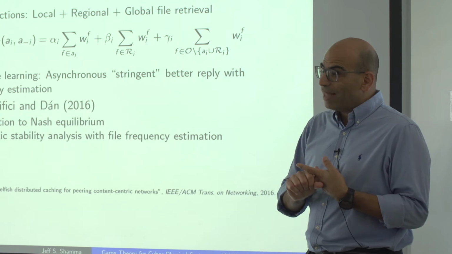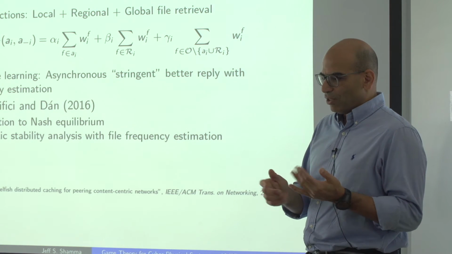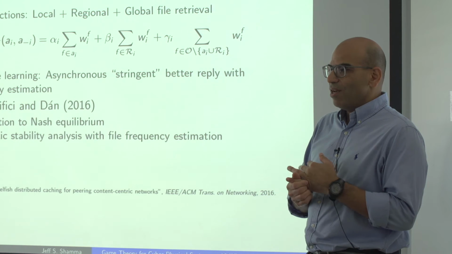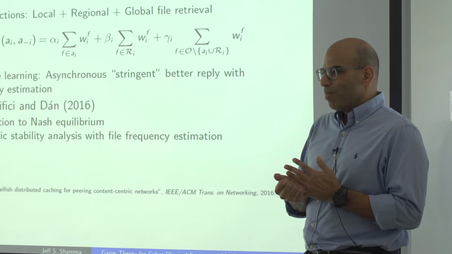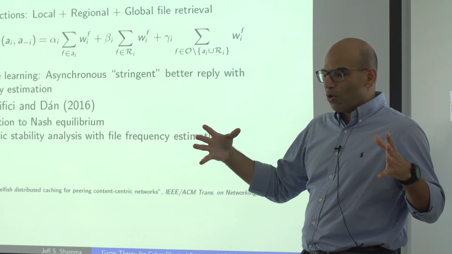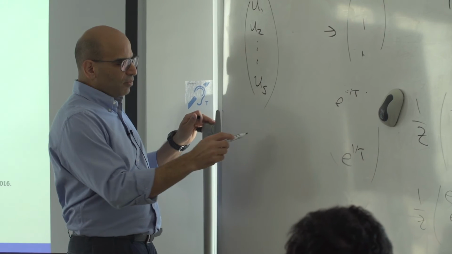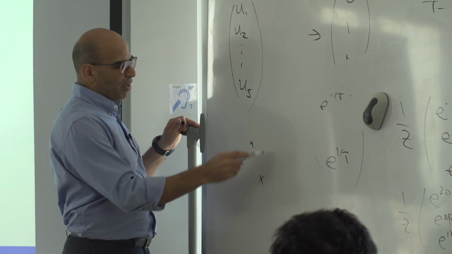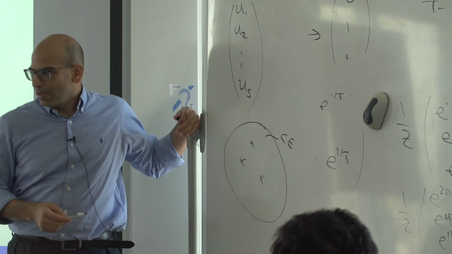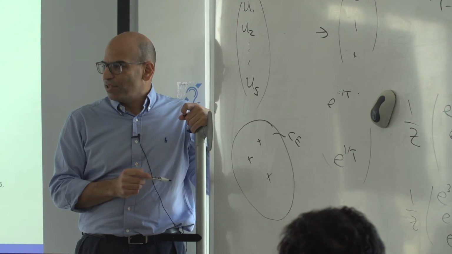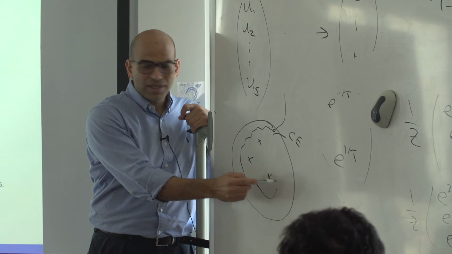If you want to abandon Nash equilibria and look at other concepts, such as correlated equilibria, then you can get to a correlated equilibrium quickly. The picture looks like this. Here's the set of Nash equilibria, and here's the set of correlated equilibria, which is a superset of Nash equilibria. You can get to this set quickly, but then you might drift within this set.